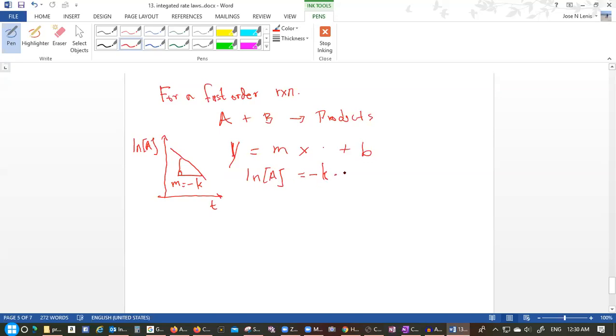Here, this is the x, time. Always use lowercase t as the symbol of time. Plus b, which is the y-intercept. The y-intercept here will be the natural log of the concentration of A at time 0, that's the initial concentration. So plus the natural log of the concentration of A at time 0. Therefore, this is at time t, right? At any time.